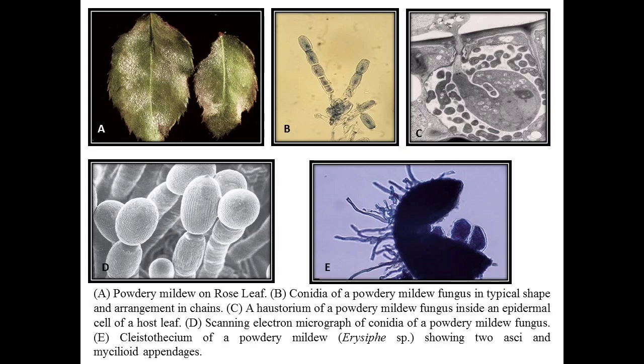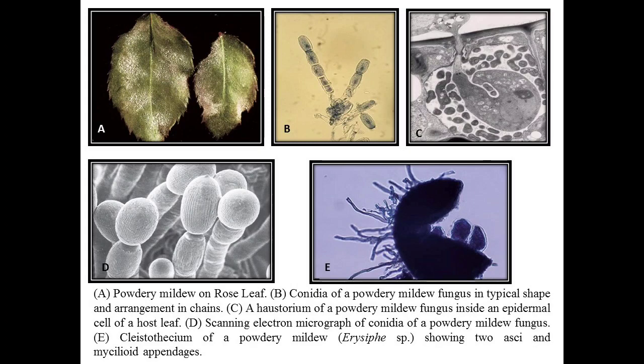It can be effectively controlled by spraying wettable sulfur or any sulfur-containing fungicide. Similarly, resistant varieties like Ashwini, Ambika, Angels, American Pride and Surbi are recommended to grow to avoid the attack of this powdery mildew.